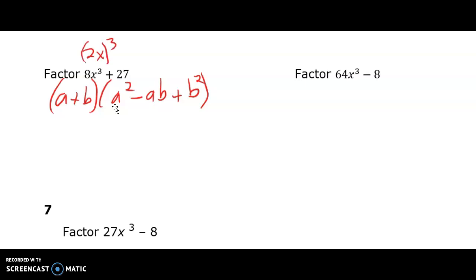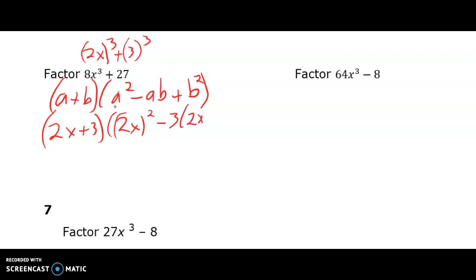So 2x is A, and this is 3 cubed. So that's B. 3 is B. So you just plug these in. So we have 2x plus 3. That one's easy. Then we have 2x squared minus 3 times 2x plus 3 squared.